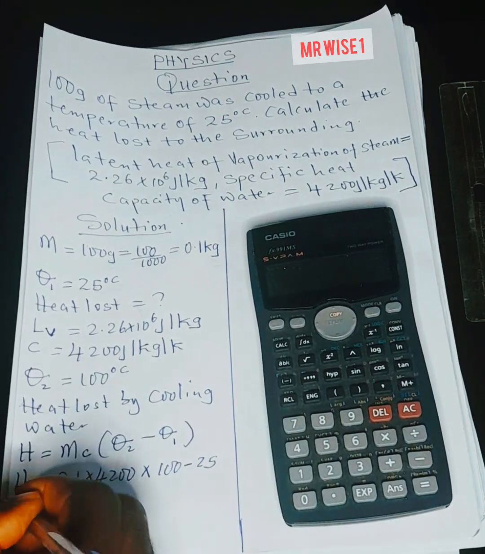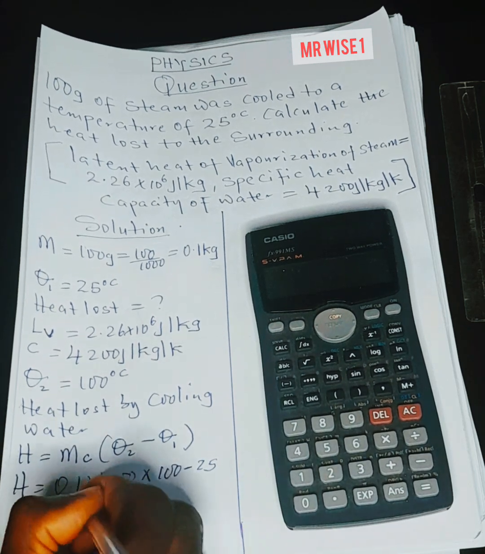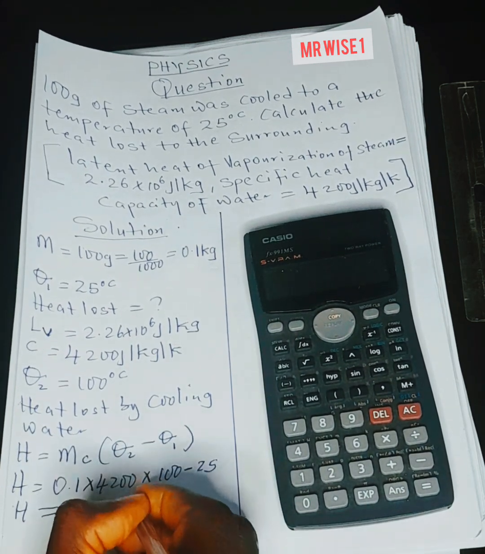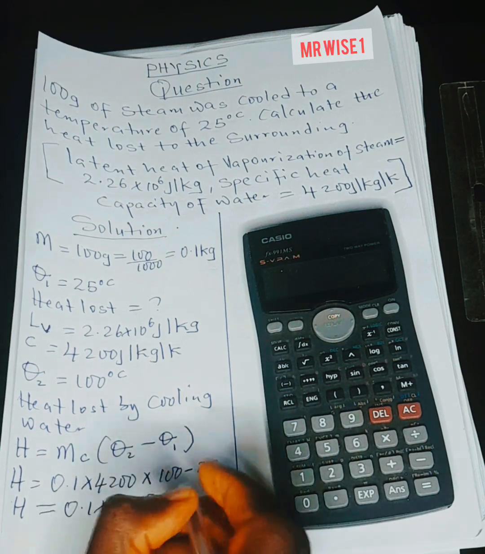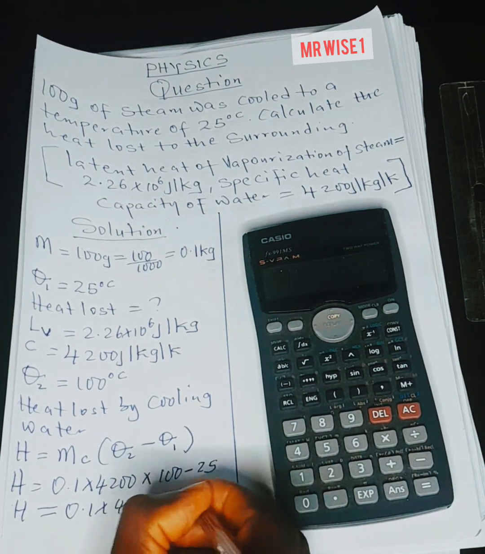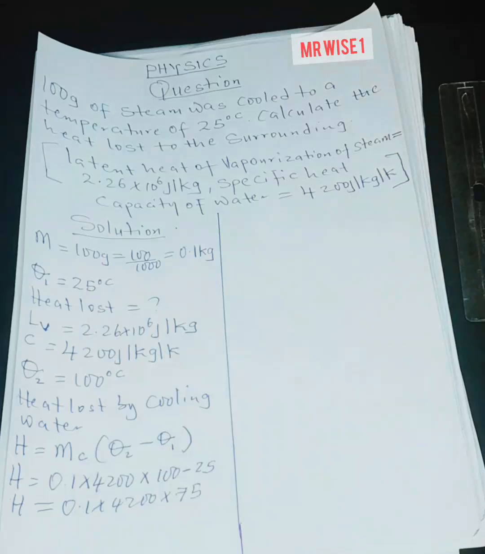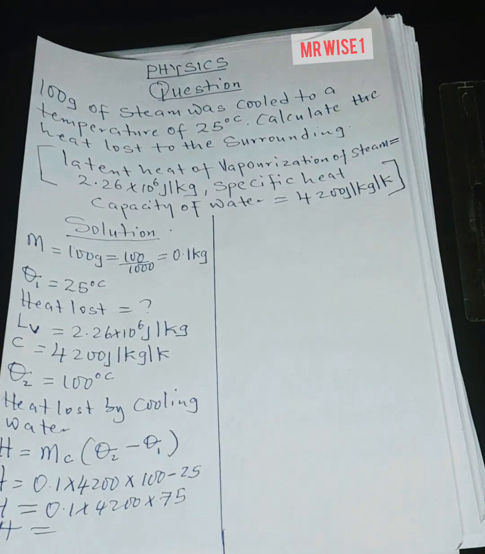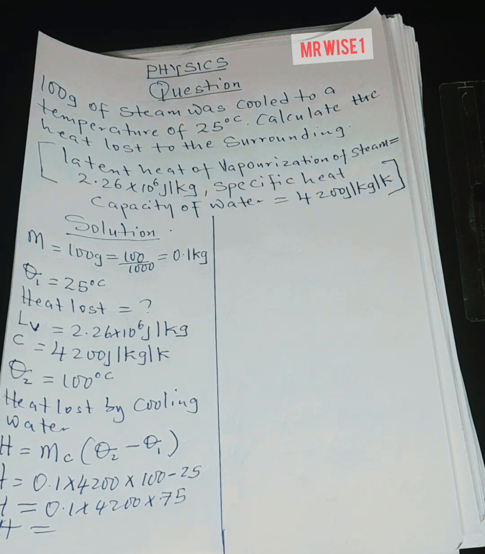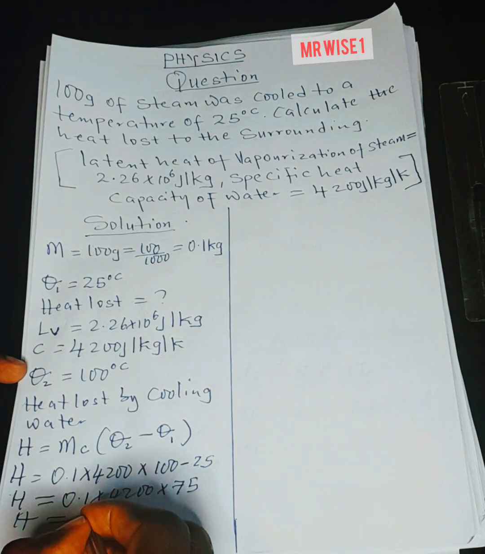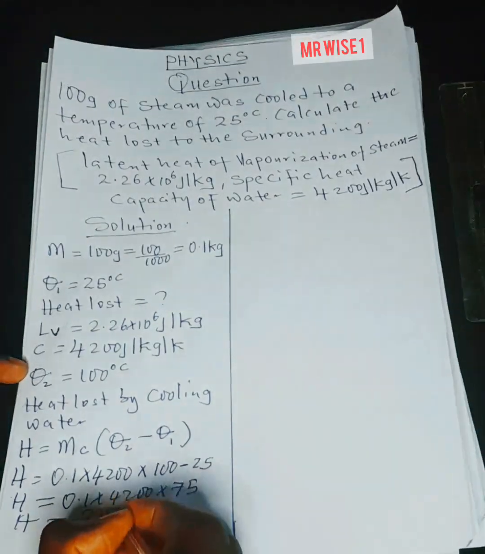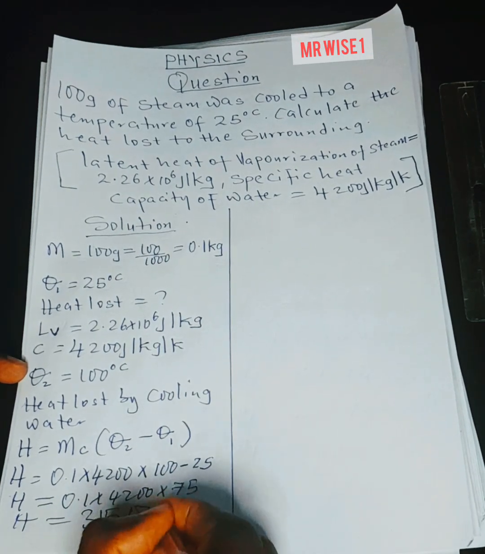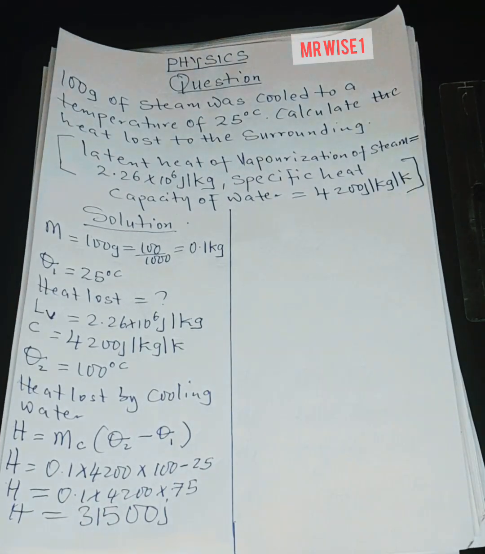So H is equal to 0.1 times 4,200 times 100 minus 25, which is 75. So H is equal to 0.1 times 4,200 times 75. I'll have 31,500 joule.